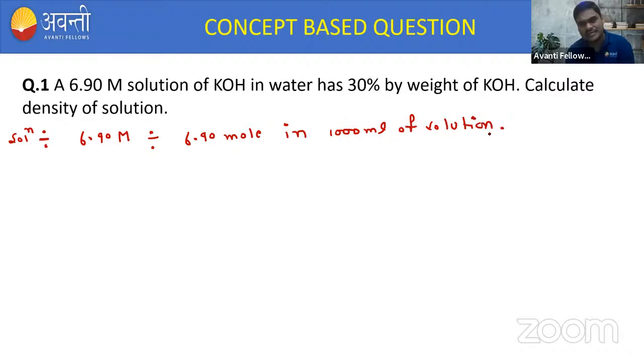You can say anything, right? So 6.9 M means 6.90 mole in 1000 ml of the solution. Now they are saying in water there is 30% by weight of KOH. So out of this, 30% by weight of KOH is already present, right? So what is it, calculate the density of the solution?